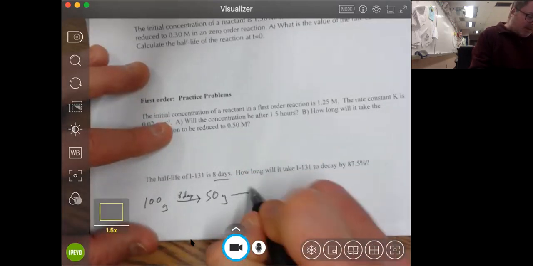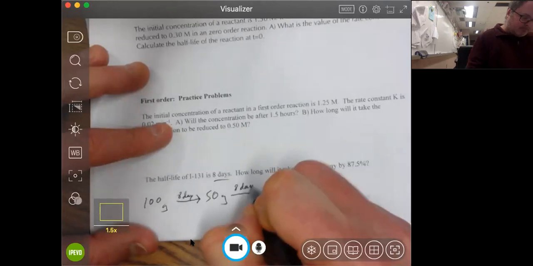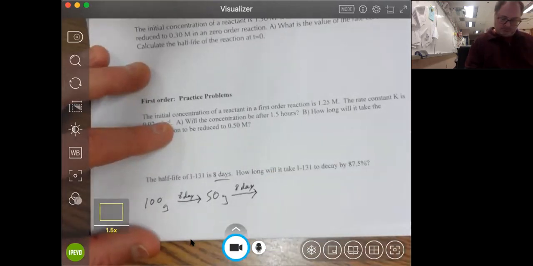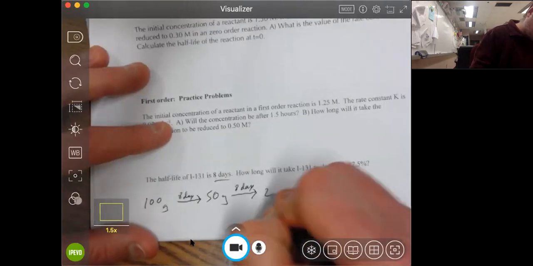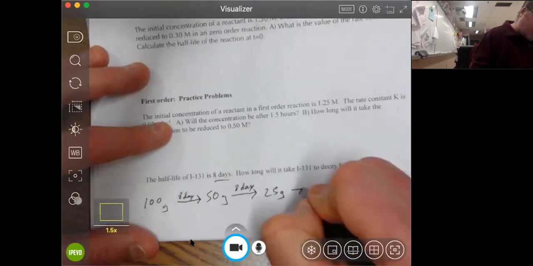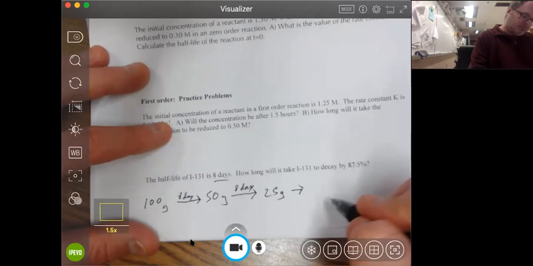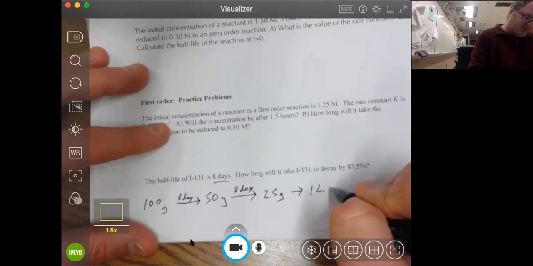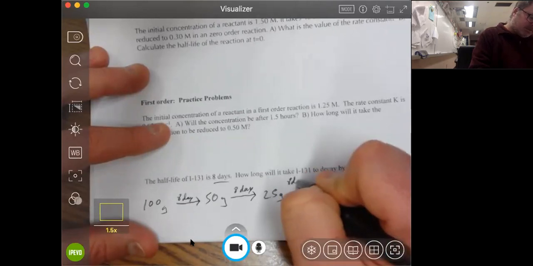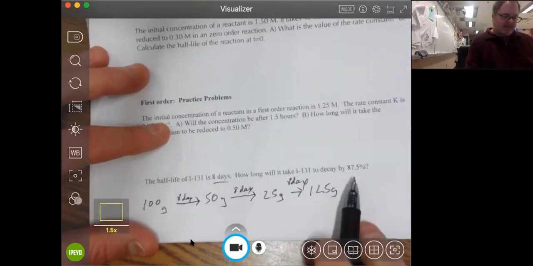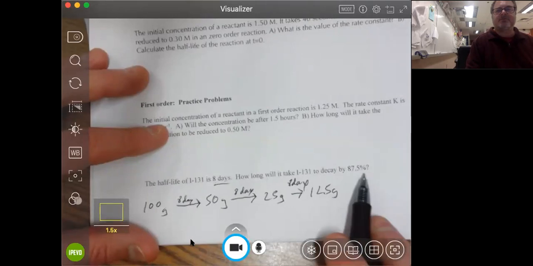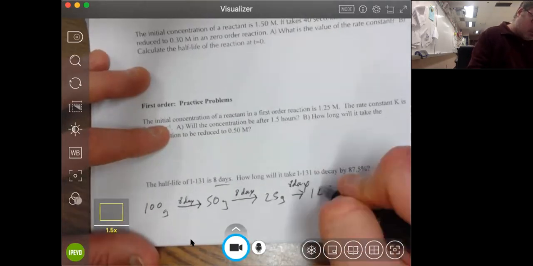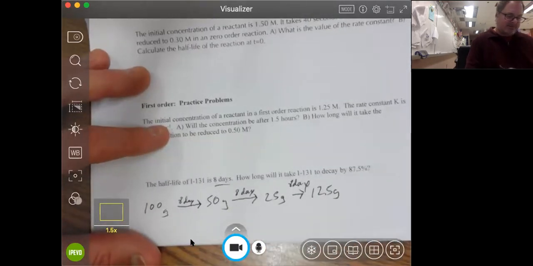And then in another 8 days, how much will be left? 25. And then in another 8 days, how much will be left? 12 and a half. So right there, we could find out how long to decay by 87.5% by basically just doing the half-life.